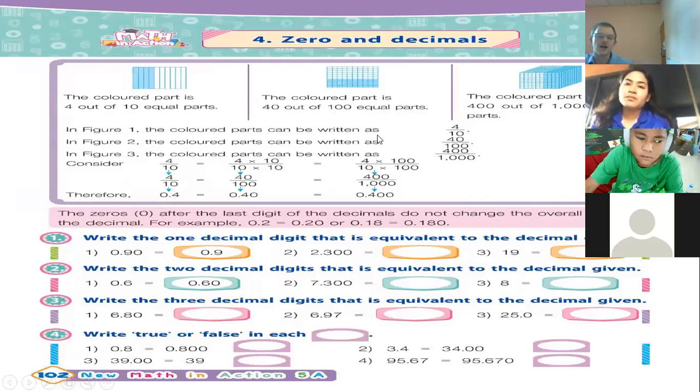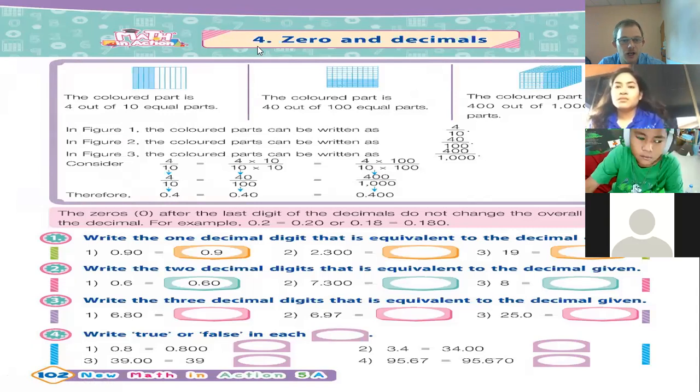Very basic. Now, let's quickly look at some part in the book, because we have to use the book in some explanation. So, look at our first block at the top here. It says the colored part is 4 out of 10 equal parts. So, it says it's 4 out of 10.